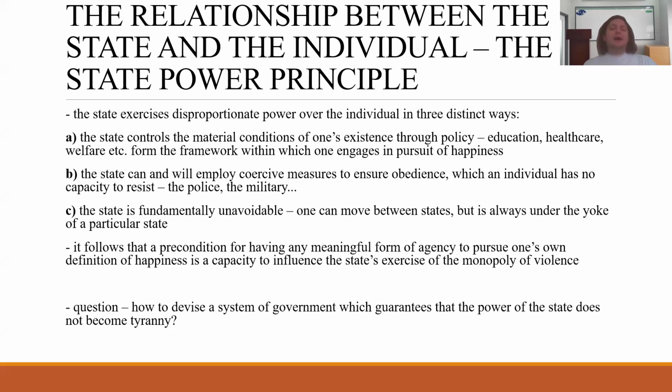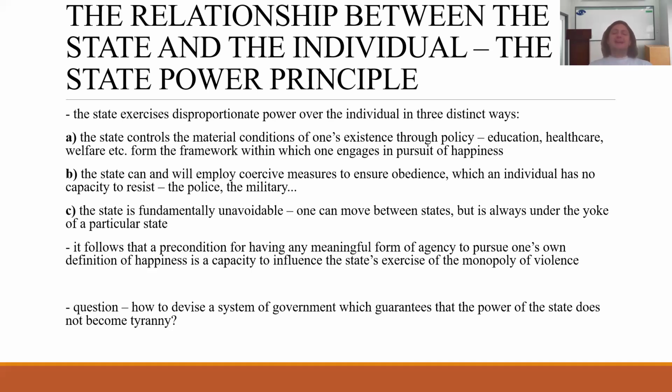The reason why this principle is important for us, for the continuation of this lecture in a general sense, not just in a debate sense, is because if this principle is true, if the assumptions behind this principle are true, that the state has this huge amount of power over people, then we have a key question that we have to answer from the perspective of political theory and from the perspective of comparative politics.